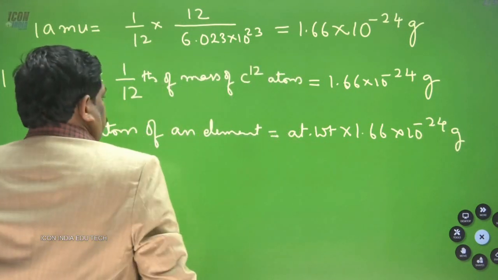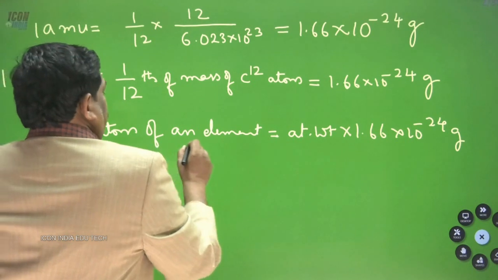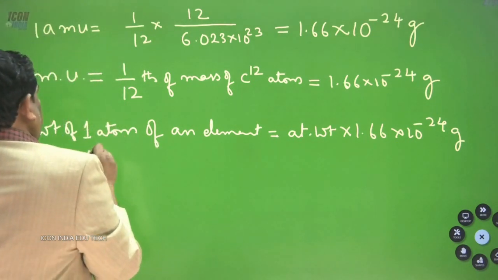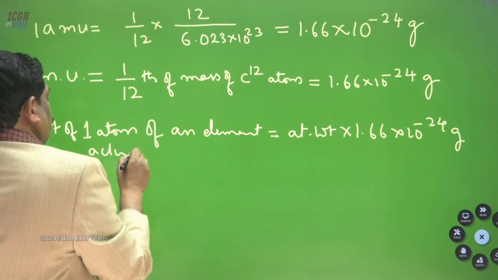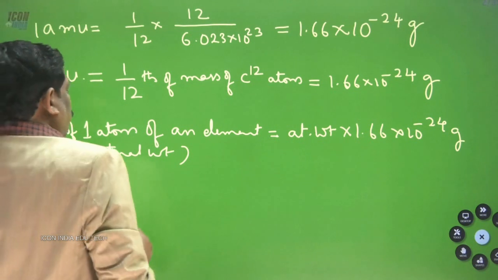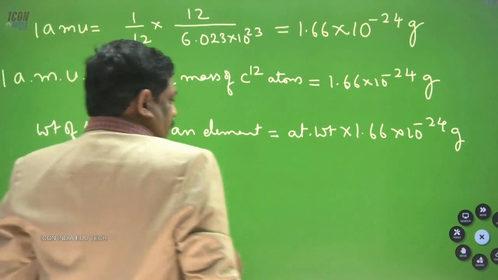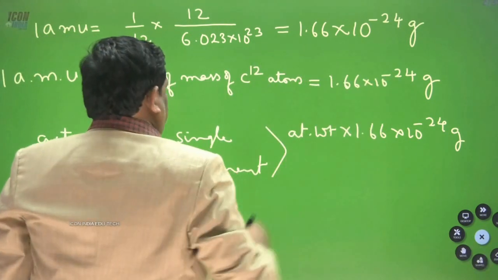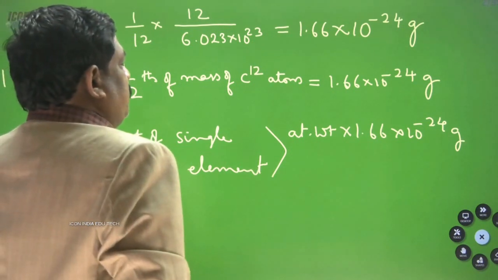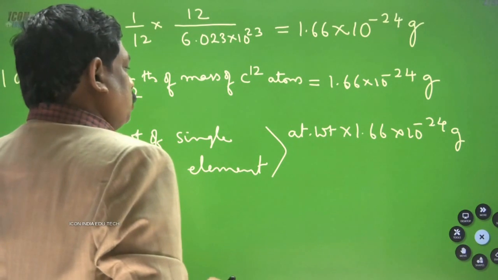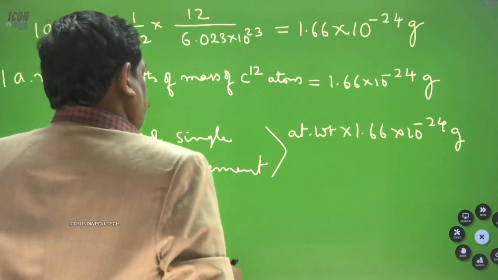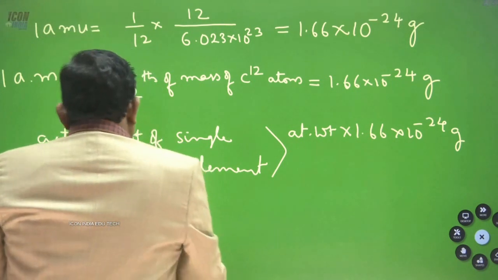For example, the weight of one atom of an element is also called the actual weight. This kind of question was asked: actual weight of an atom, actual weight of a single atom of an element, is atomic weight in AMU into 1.66 into 10 power minus 24 gram. For example, hydrogen.